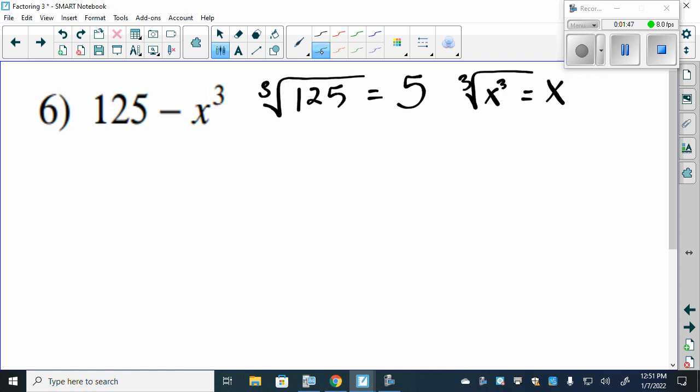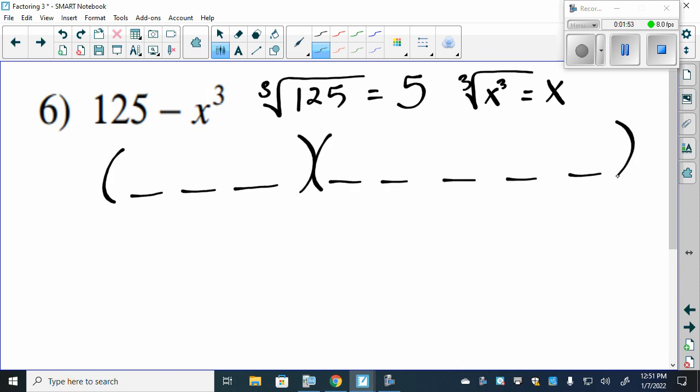Now, since this is the difference of perfect cubes, we can go on and get this set up here. Parenthesis with 3 spaces and then a parenthesis with 5. Now, once we get this set up, we can find the signs. And the signs are going to follow the pattern, same, opposite, always end on a positive note.